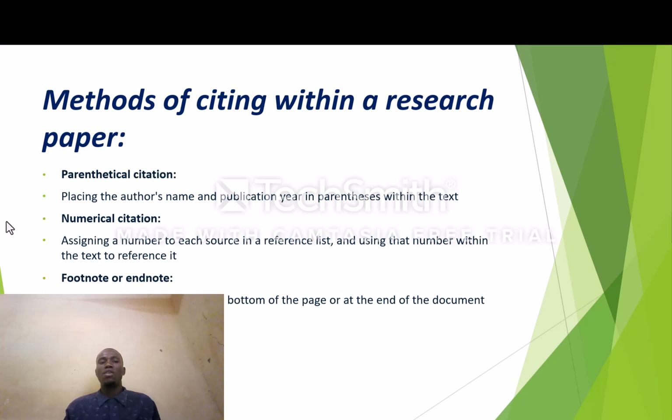Or numerical citation, where you assign numbers to each source in a reference list. You make a list of those references where you have taken your piece of work from, and also use numbers within the text to reference it. You can say this is the first, second, using numbers.